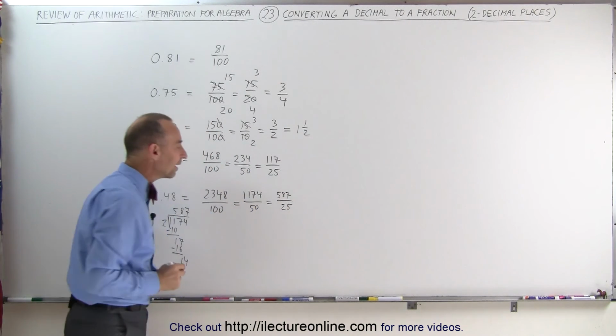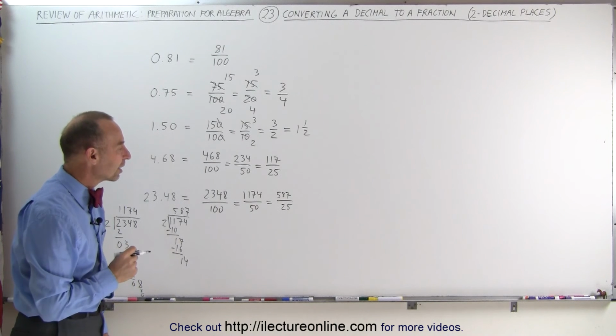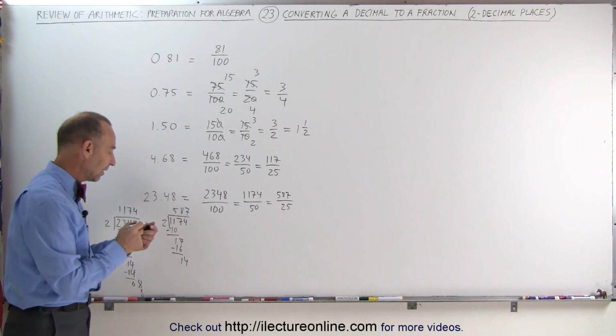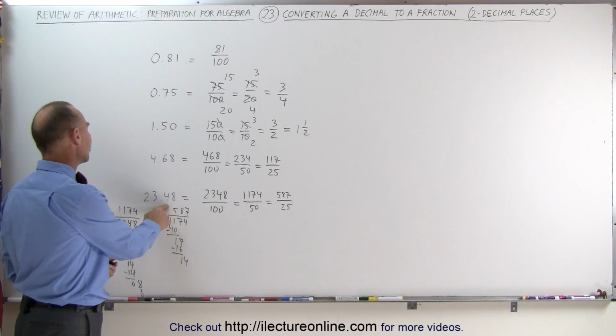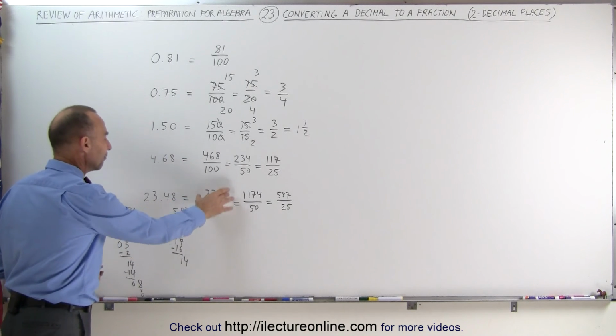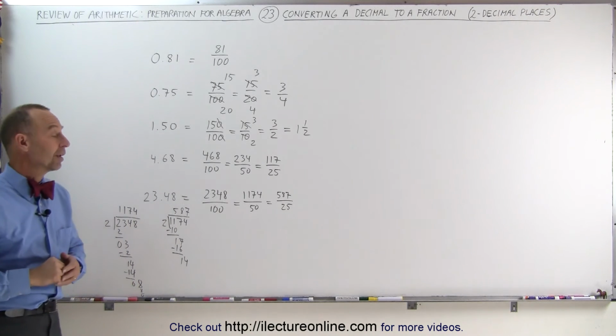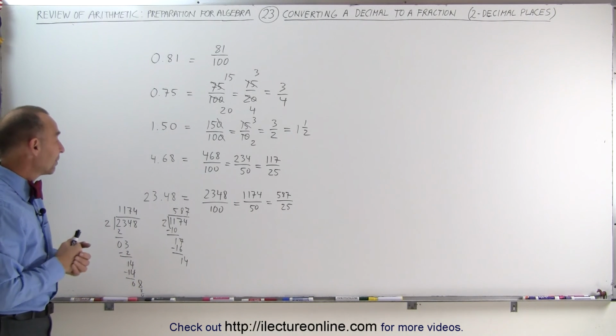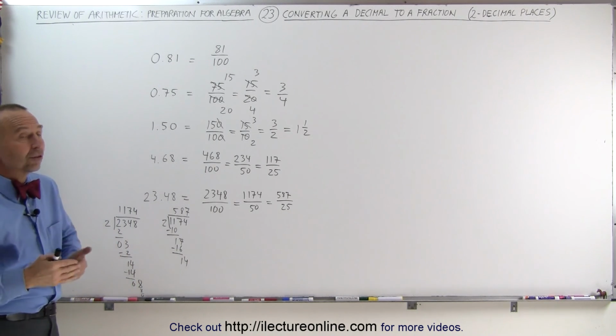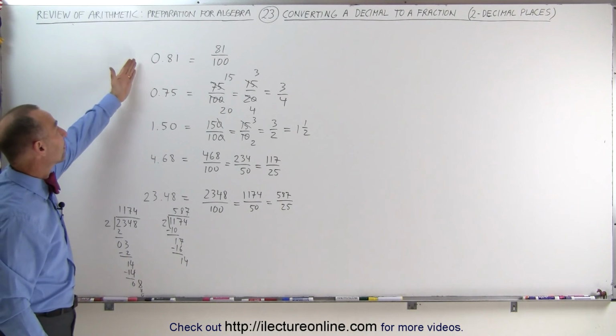And that's probably as simple as we can go. Let me quickly check. Yes, it is. I don't think we can simplify that anymore. And so 23.48 can be written as a fraction first, and then simplified to 587 divided by 25.